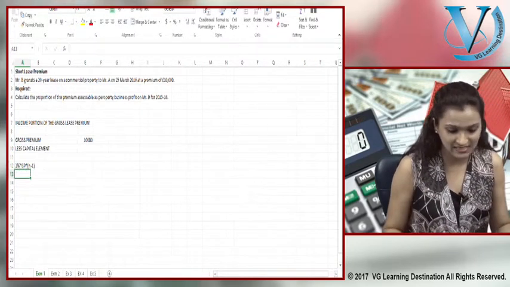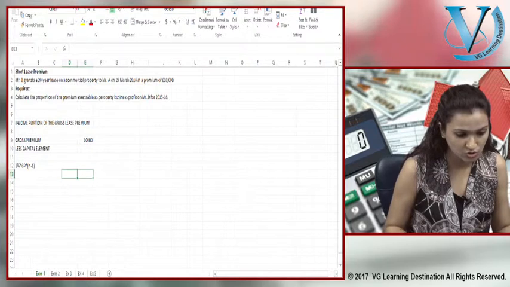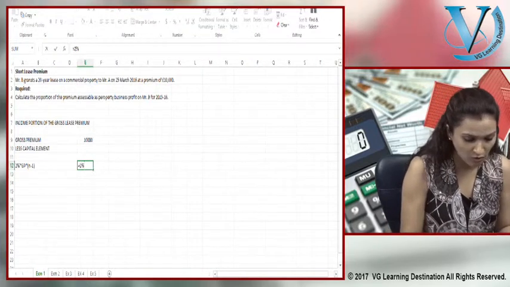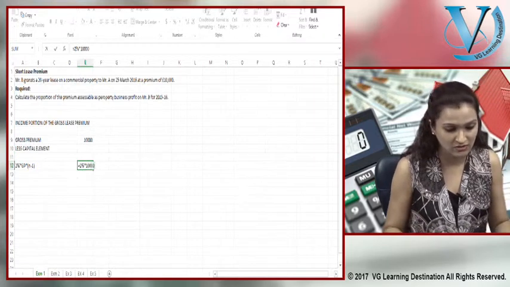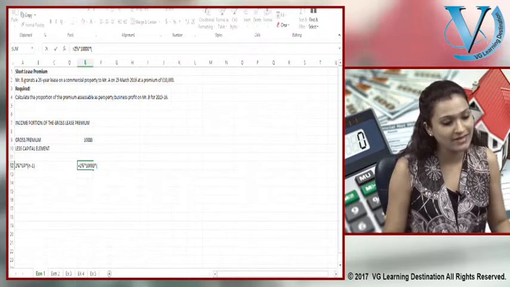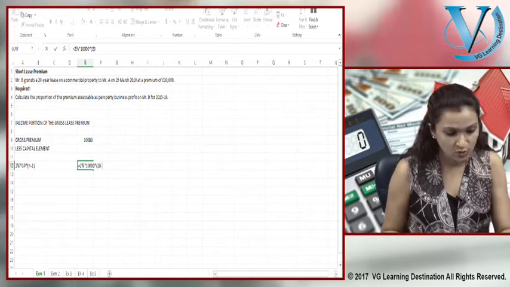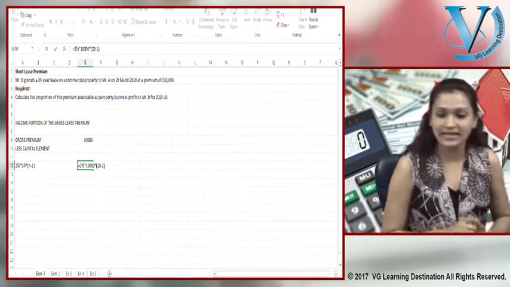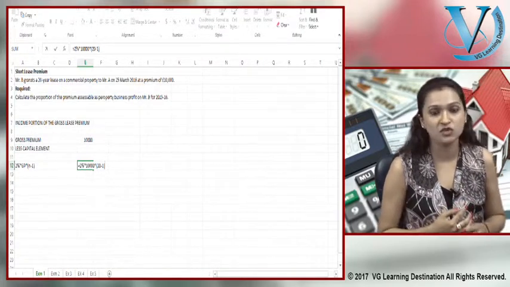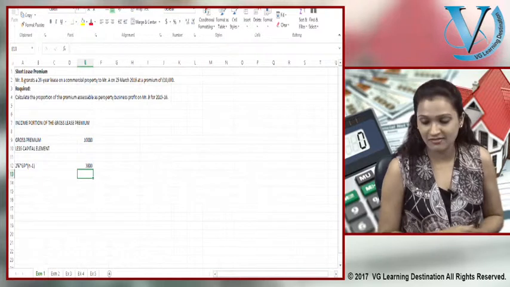So in this case, it is equal to 2% of gross lease premium, £10,000, multiplied by n. N is equal to how many years? It's a 20-year lease, so 20 minus 1, 19 years. This is going to be your capital element of the gross lease premium: 3,800.